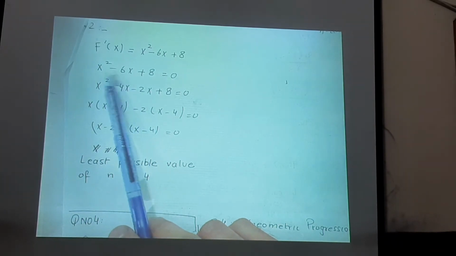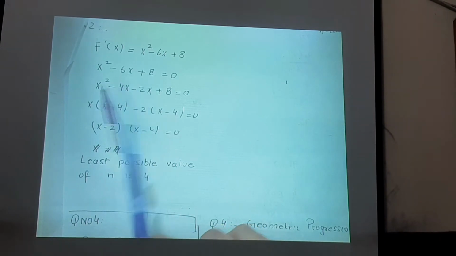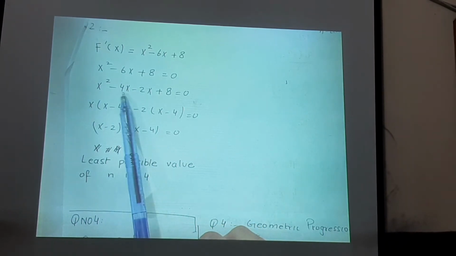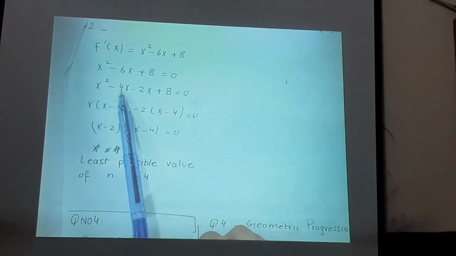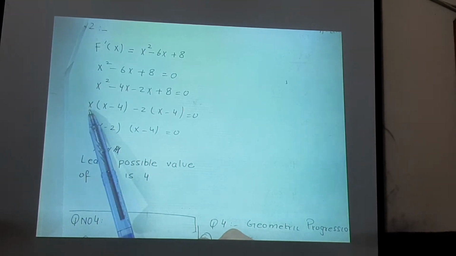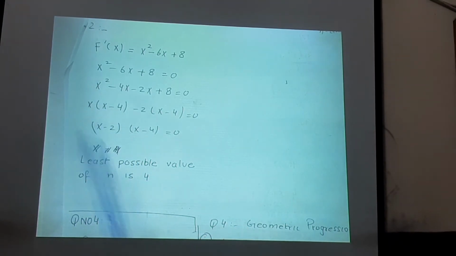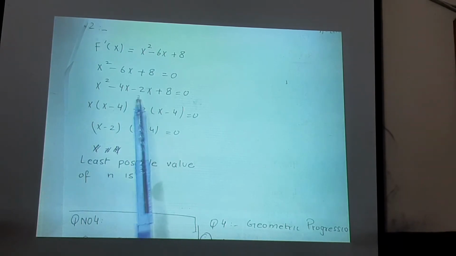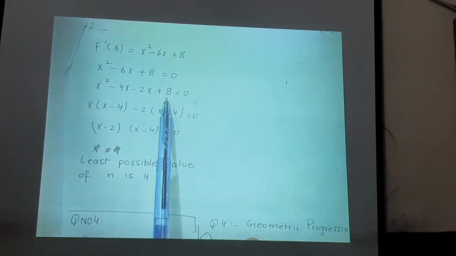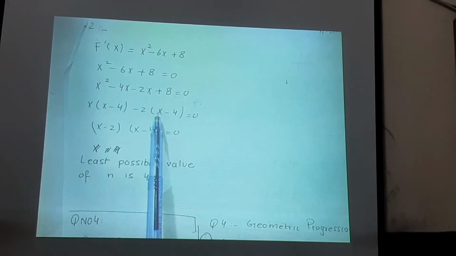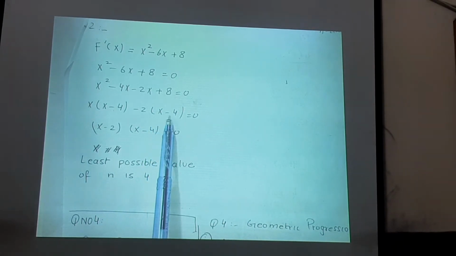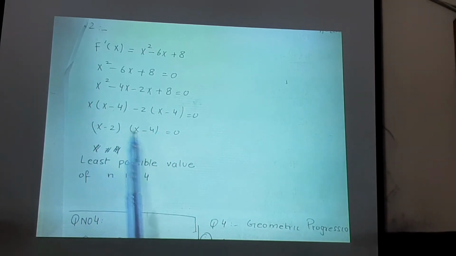So I take common from the first two terms, x square minus 4x, and I have common x. So I will be left with x minus 4 in the bracket, and from the other two terms I take minus 2 common, and I will be left with x minus 4 in the bracket. So I have two factors, x minus 2 and x minus 4.